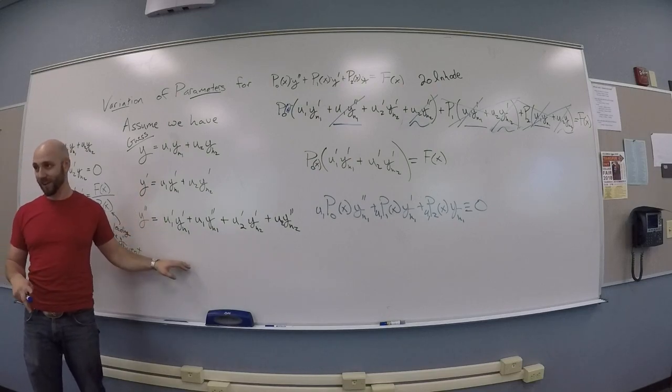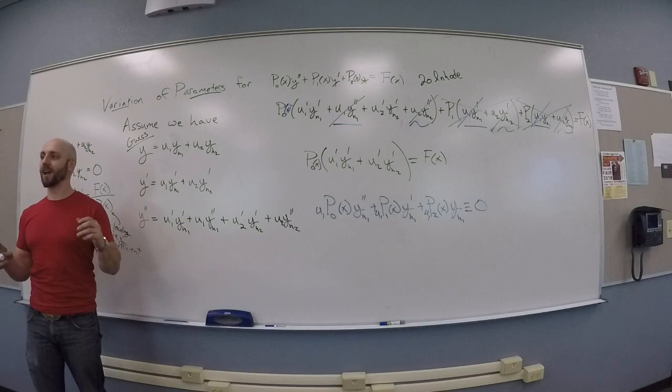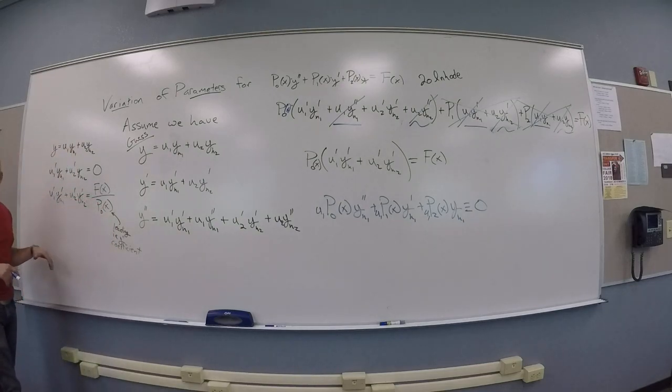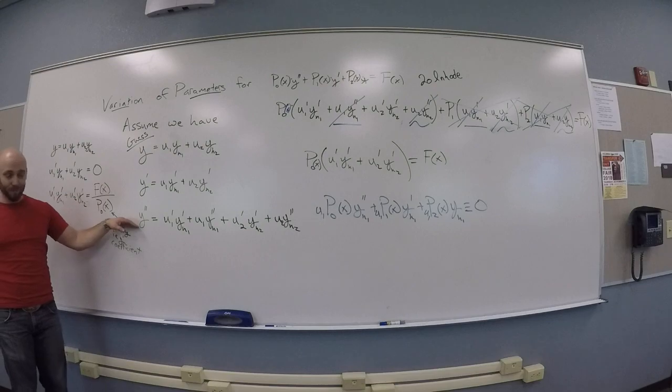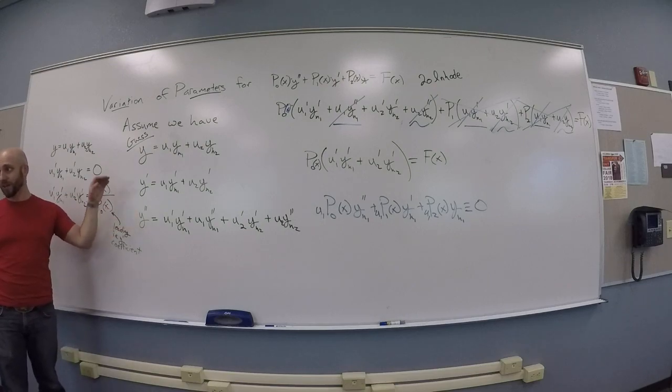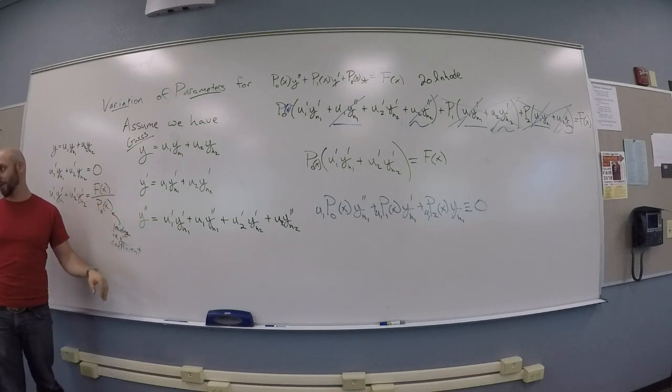If you run with it not being zero, what you'll find is that you have a system of equations that's more stuff than you need, it's underdetermined. And so you get to make some assumption. What that assumption exactly is, is kind of up to you. I would advise the assumption that the book makes, because that makes this step easier. But you can do variation of parameters not assuming that middle thing is zero. You're just gonna get way more freedom than you need.